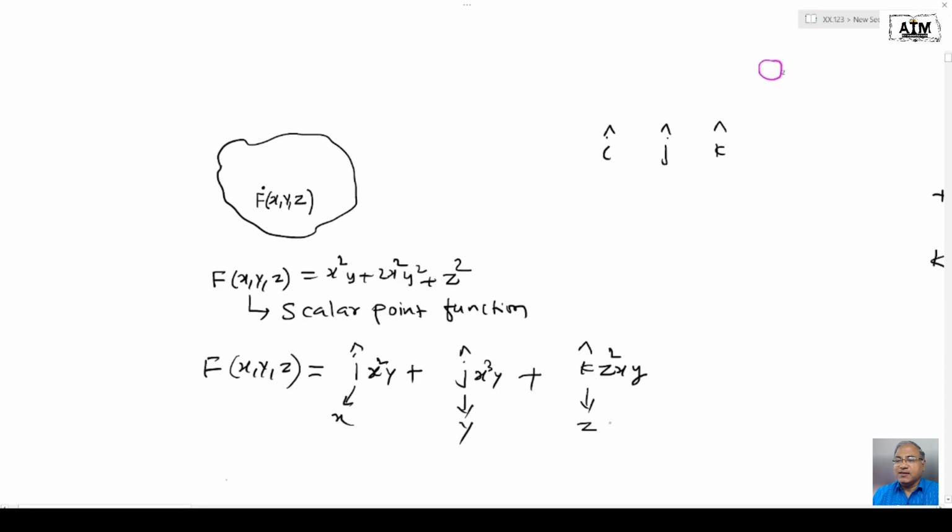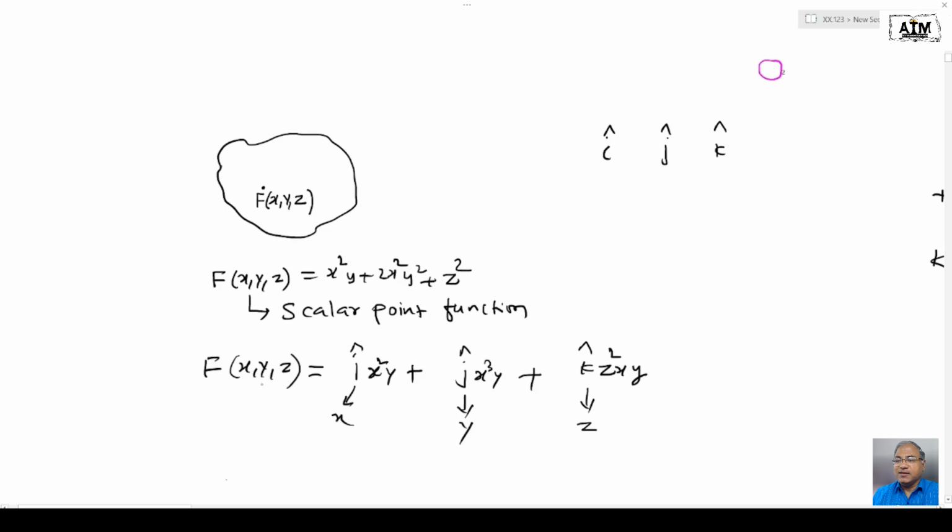If you express f(x, y, z) in terms of a vector, then if you change the value of x, y, z, the point will change.